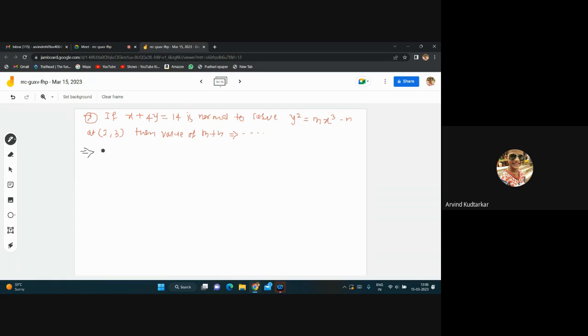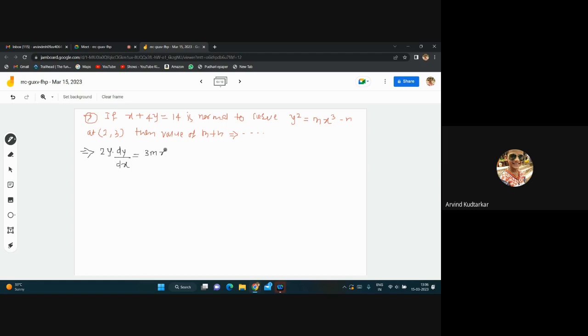What is the derivative of y square? 2y into dy by dx, that is equal to, x cube gives 3x square, so 3m x square, and the derivative of the constant is 0. So dy by dx is 3m x square upon 2y. And this is the slope of tangent.